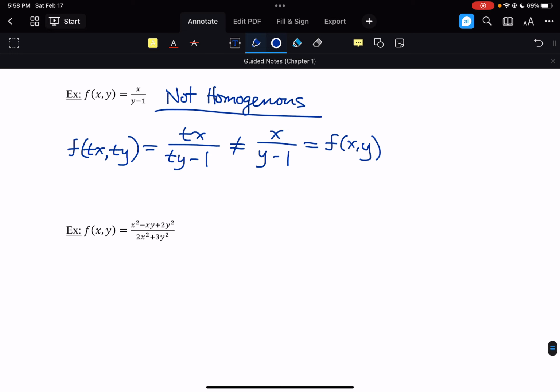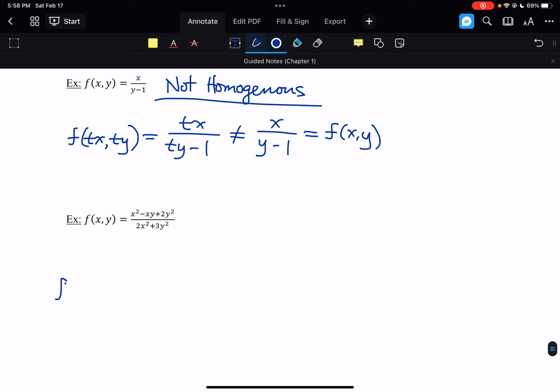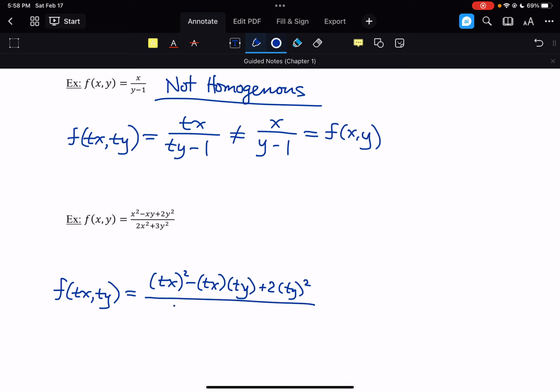But for one like this, for this function, if we took f of tx ty, we would get tx squared minus tx ty plus 2 ty squared all over 2 tx squared plus 3 ty squared. Notice every term here is going to get a t squared in it.